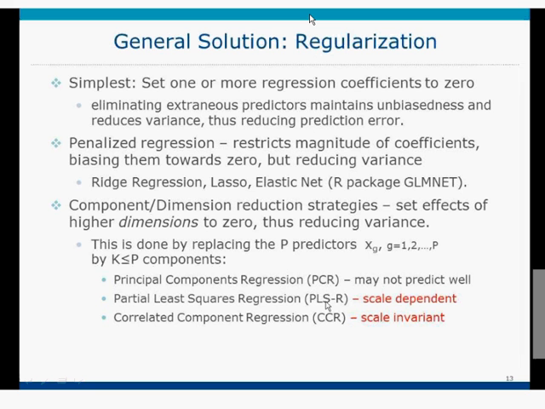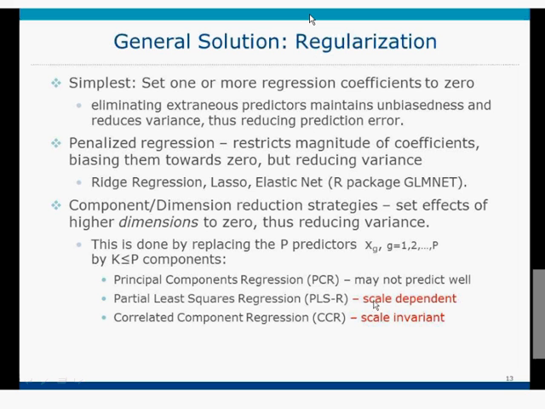Then we have two other component approaches that do utilize the dependent variable. So they do produce good predictions of the dependent variable that you're interested in: partial least squares regression and correlated component regression.